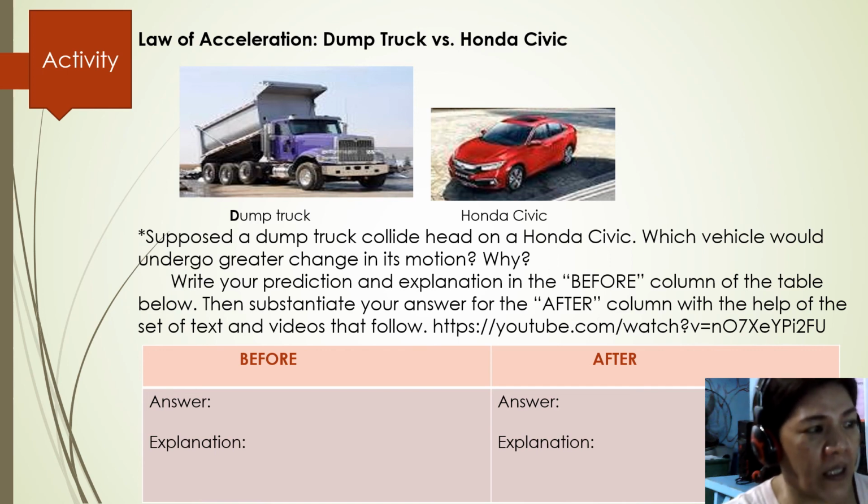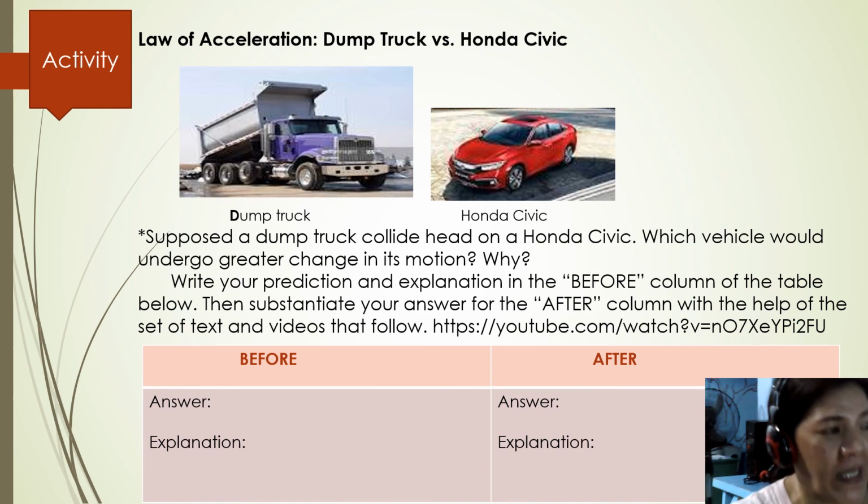Which vehicle would undergo greater change in its motion and why? Write your prediction and explanation in the before column. Then later, substantiate your answer for the after column with the help of the set of texts and videos that follow, and also right after our discussion.